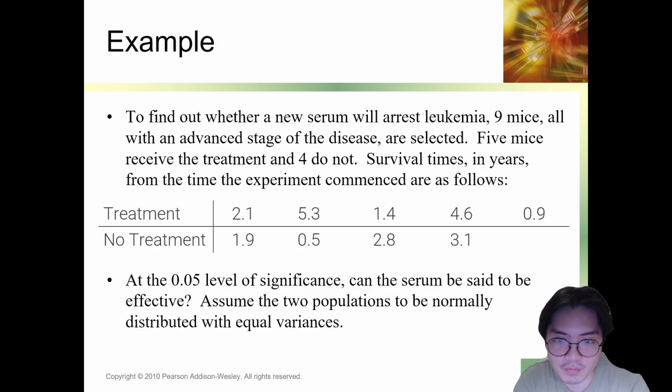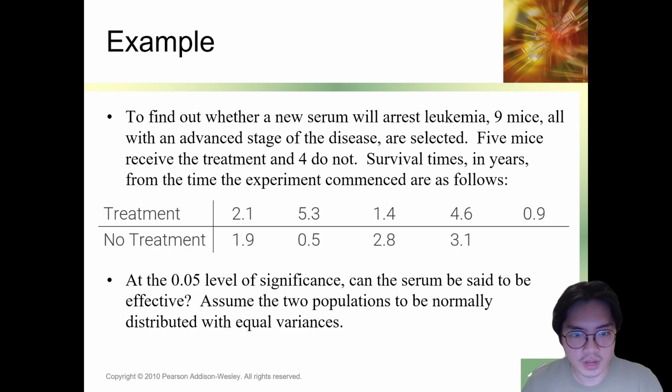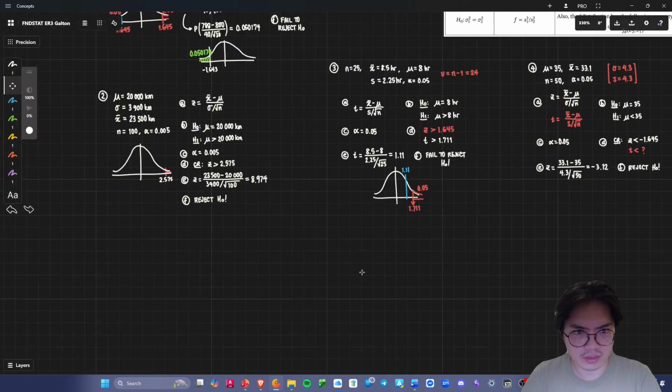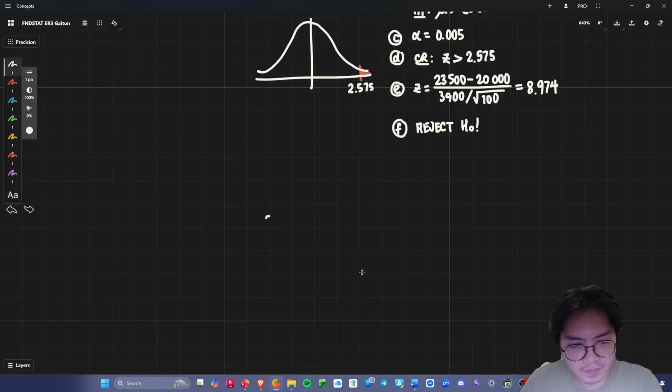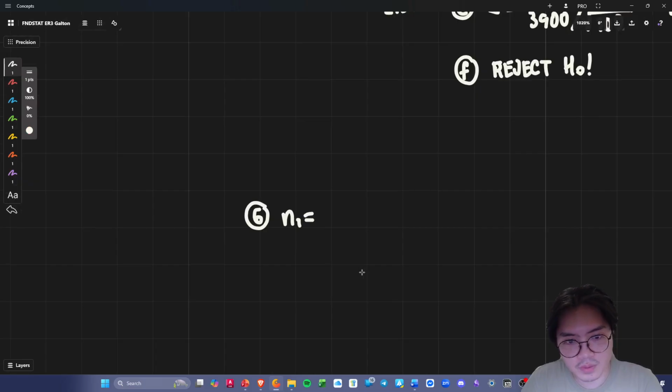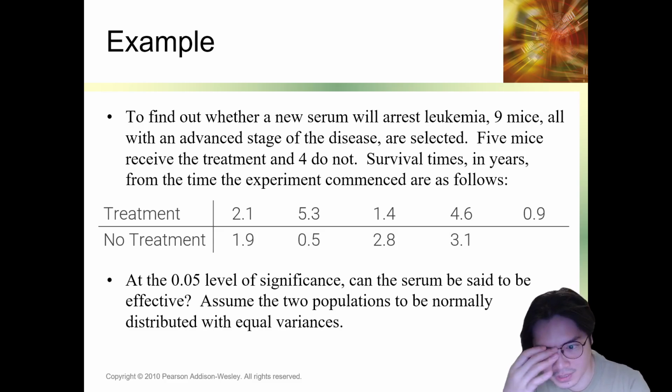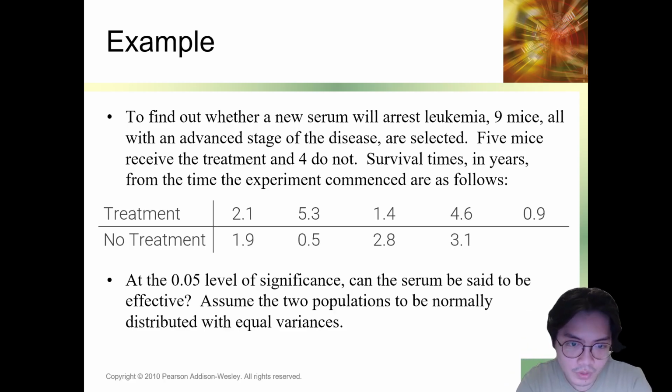All right, in this case, we have really small samples. We'll have n1, which is 5, who got the treatment. We're going to get the average and the standard deviation of this. We've got 2.1, 5.4, 9. We can get them by using our calculator, of course.